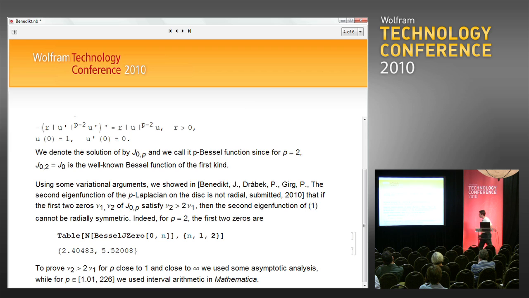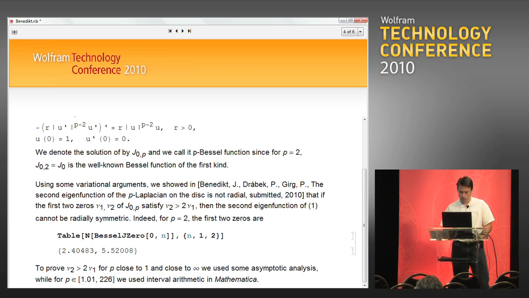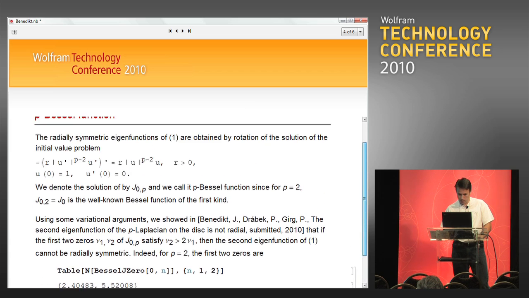To prove this inequality, we used three different techniques. For p close to 1 and close to infinity, we used some asymptotic analysis. We didn't use Mathematica or computers there, but for p between 1.01 and 226, we used interval arithmetic. And I will shortly explain how.